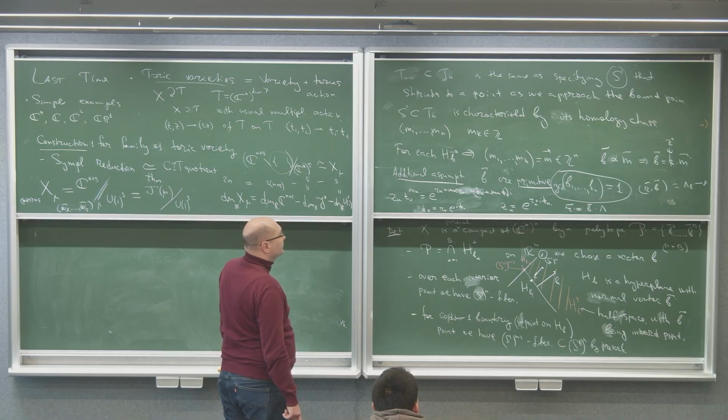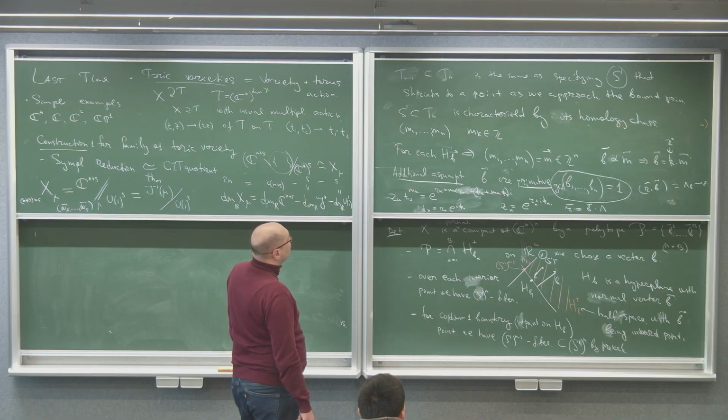But why should mk be proportional to b? Excuse me, I'm confused with the word shrink. I think it should be a quotient by a group, right? A quotient by some subgroup.